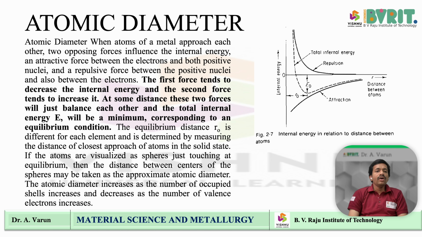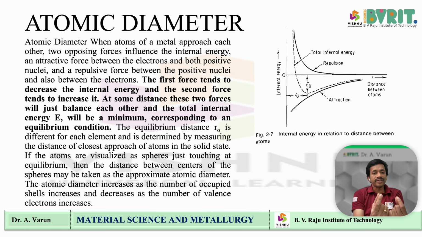Now, let us understand the atomic distance. When you have two atoms, assume that they are infinitely far apart, they will not have any influence on each other. But as the distance comes closer, the atoms start to experience both attraction and repulsion.